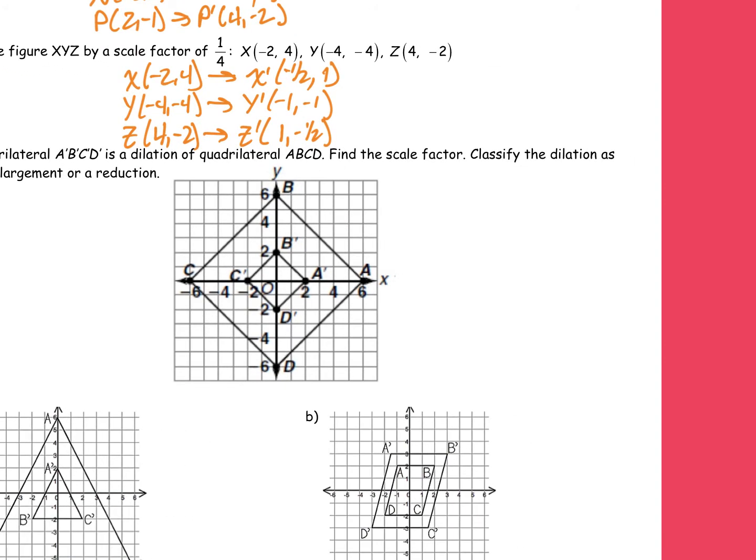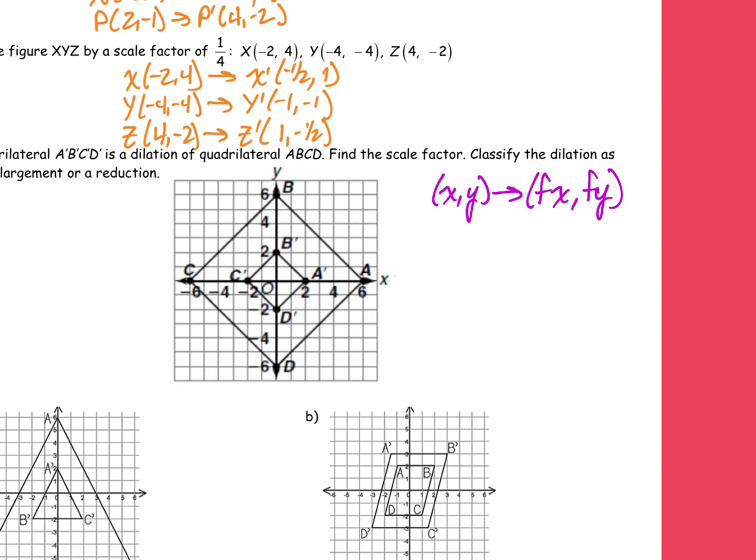So I'm going to use my equation, right? My equation is (x, y) becomes (fx, fy). I know what x and y are. I can pick one of my points. Either choose A, B, C, or D. Pick one.